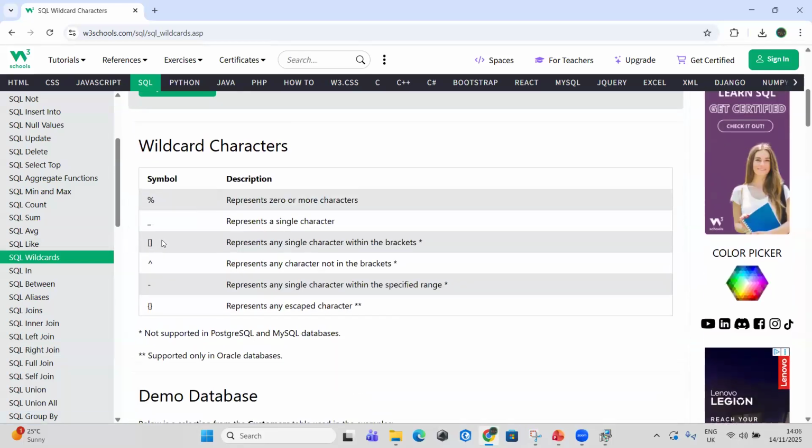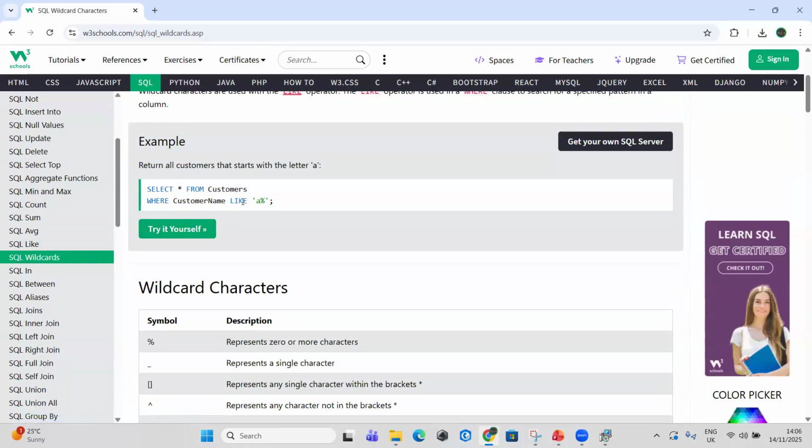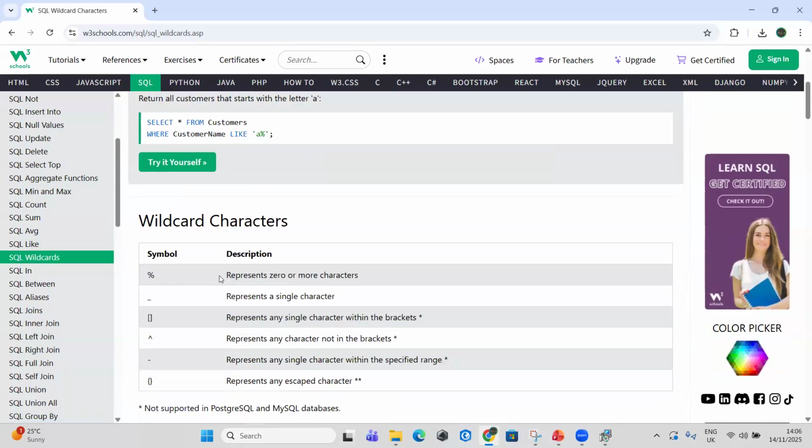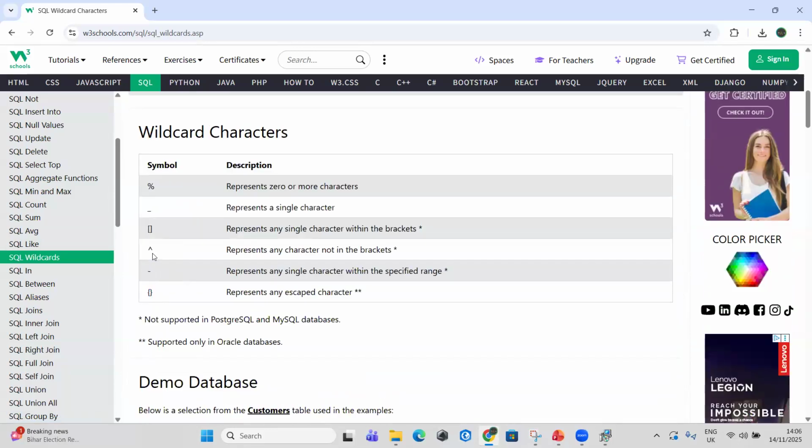So when we use the term like, there we use underscore and percentage. We can use so many of them. Now, percentage represents zero or more characters.